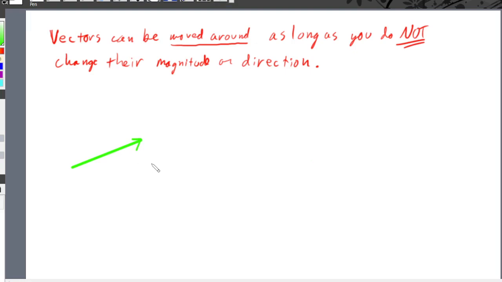Let's see. The other thing that I want to talk about is that vectors can be combined. Let's write this piece of information right here. Vectors can be added together or combined together.